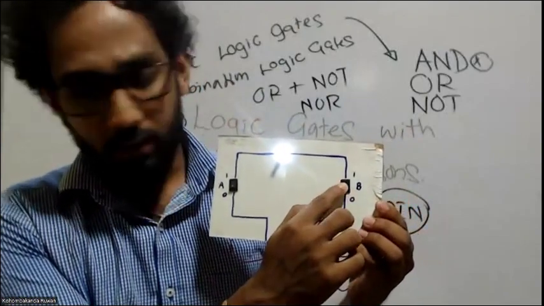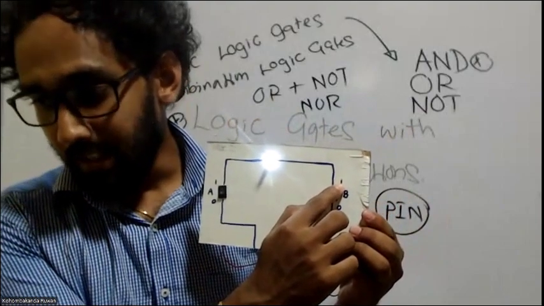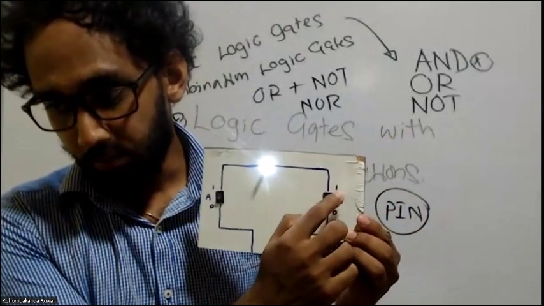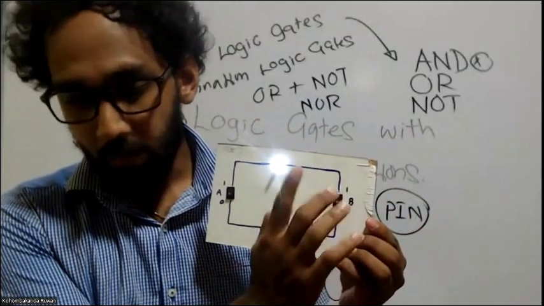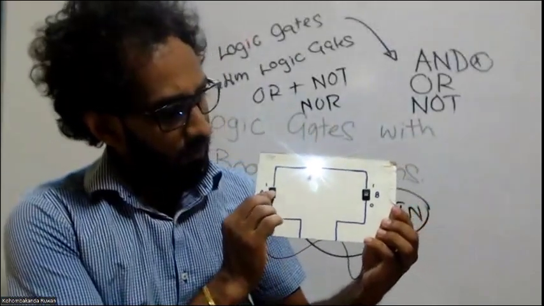If you switch on, we consider it as a 1 state. So 1 and 0, binary logic. This is an example for the AND logic gate.